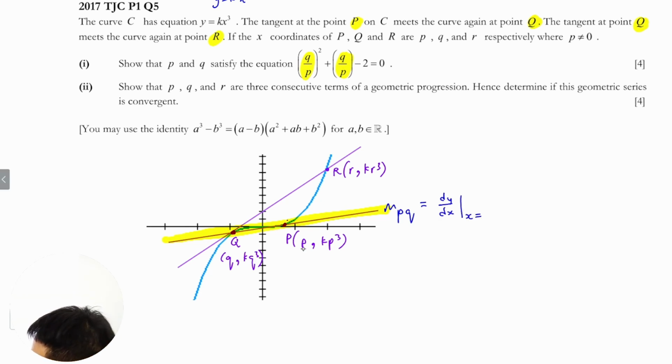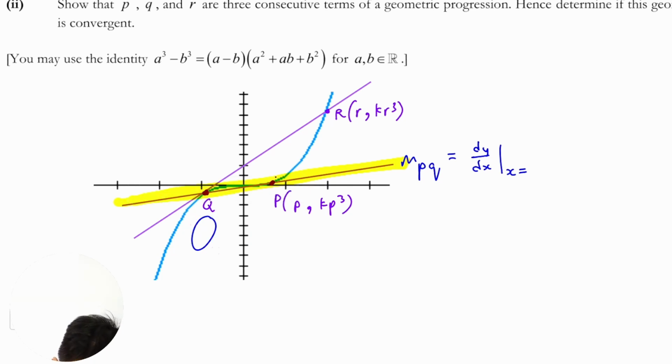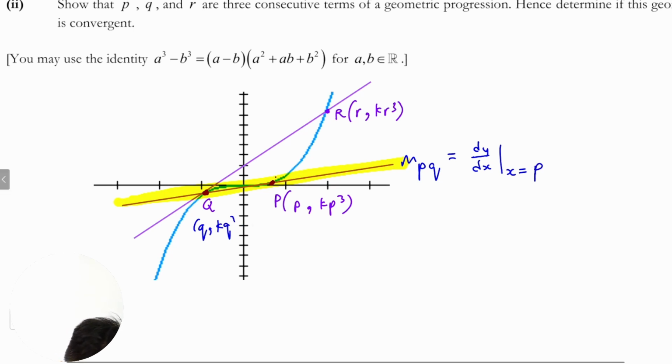Which one, p or q? The gradient at P. Yes, x equals p. So sometimes students get confused. They don't know which one to put. It's p because it's the gradient at P.